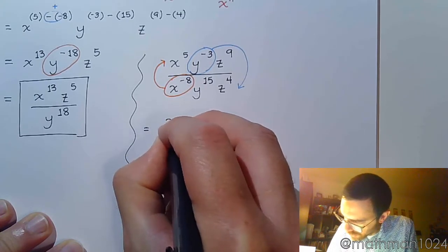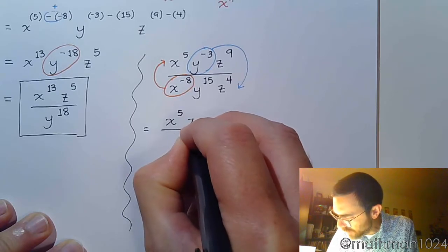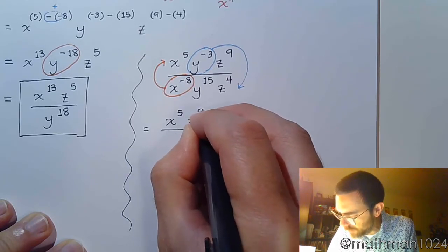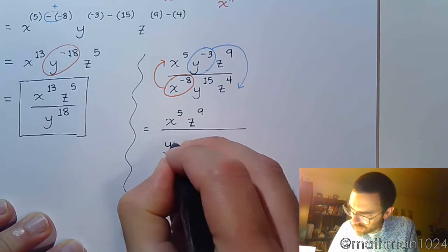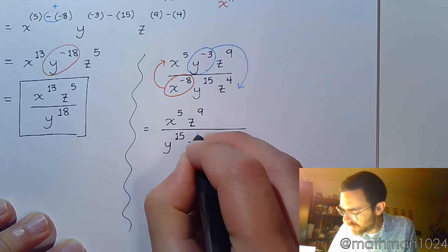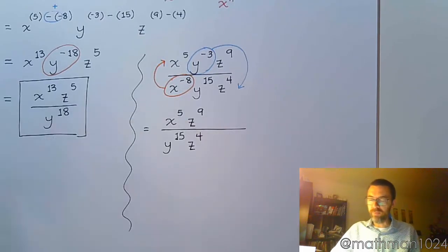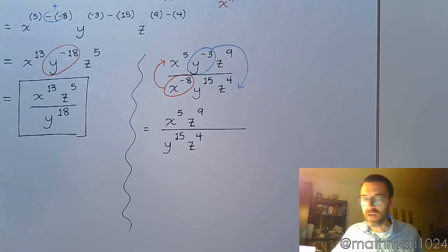Now I didn't do anything with x to the 5th, so it stays right there. I also have z to the 9th in the top that didn't move. In the denominator I've got these two guys. So I have y to the 15th and z to the 4th. And now what we're going to do is we're going to rewrite those factors that had a negative power on the right side of the fraction bar so they now have a positive power.